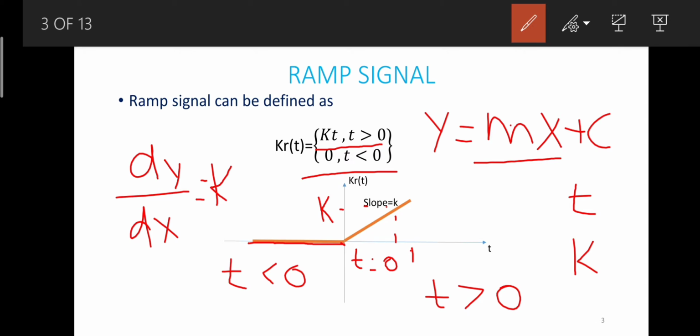So while drawing the graph of ramp signal for t greater than 0, it follows a straight line equation with slope equal to K, which means that for every 1 unit change in x axis, the change in y axis is K units, which is the coefficient of t here.